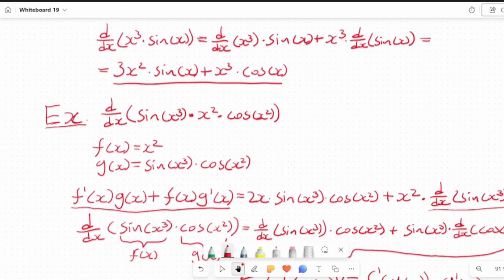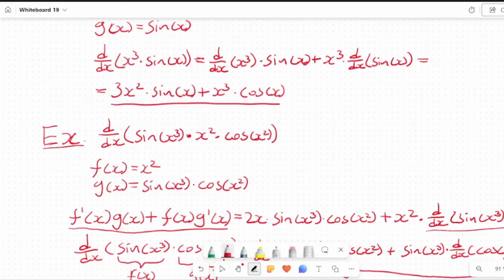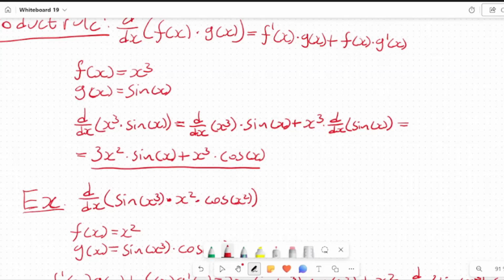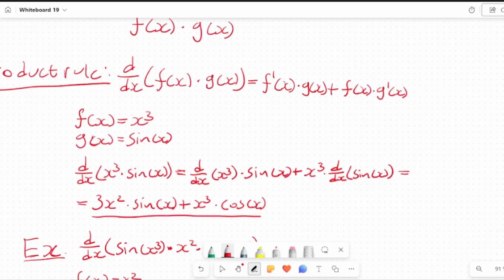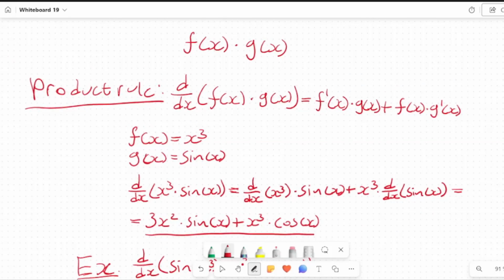So if you actually manage to solve that, you now pretty much know how to apply the product rule as well. So if you manage to solve pretty much all of the questions introduced in this video, you should have no problem in pretty much deriving any function.